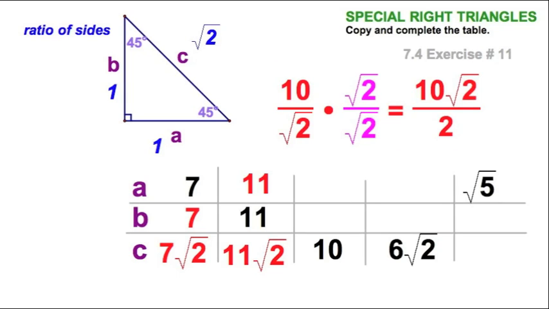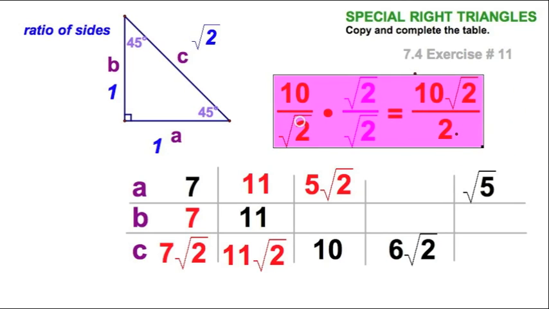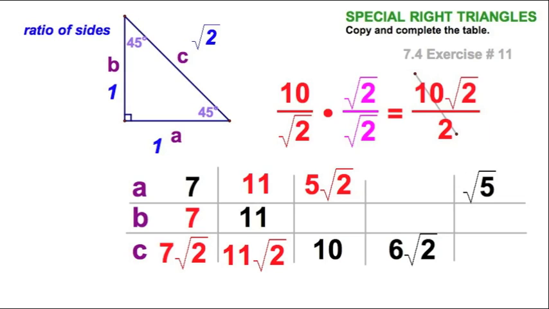When I divide by radical 2, I have to rationalize the denominator, multiplying by the square root of 2 over 2, and that meant that I could divide out this common factor here. 10 divided by 2 is 5, so that gave me 5 radical 2. Do you remember that now? Okay, maybe I'll just leave that there in case you want to see it.